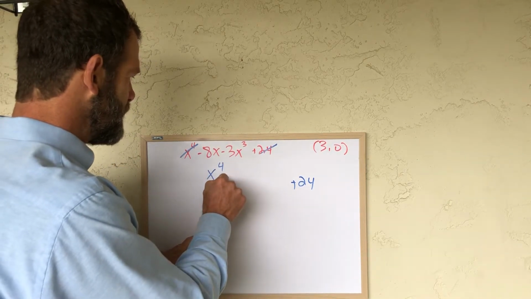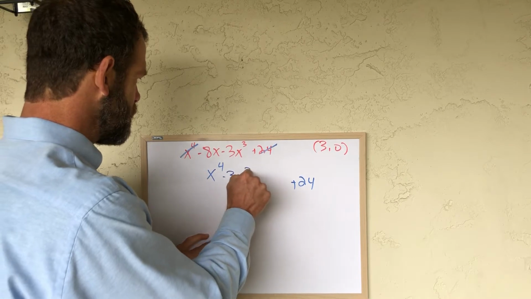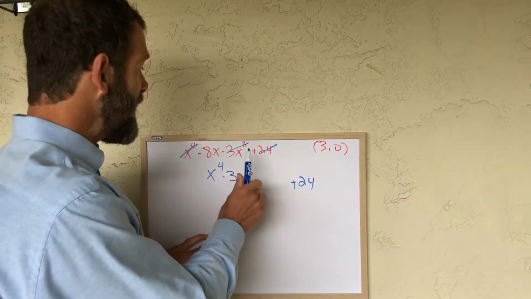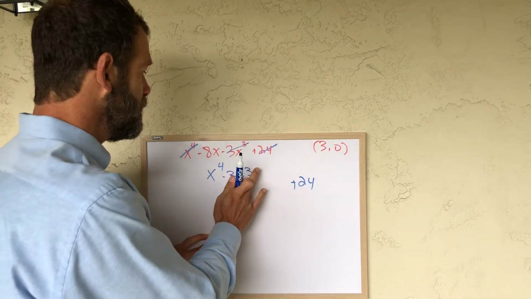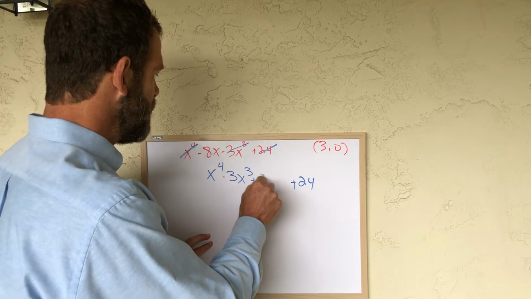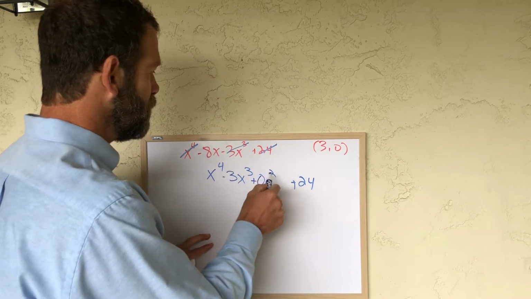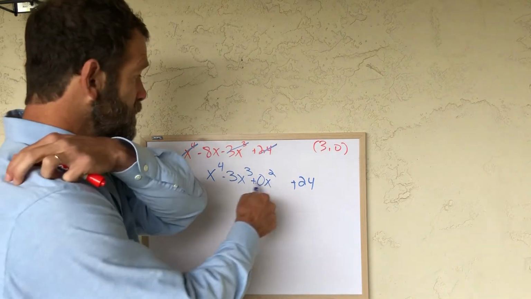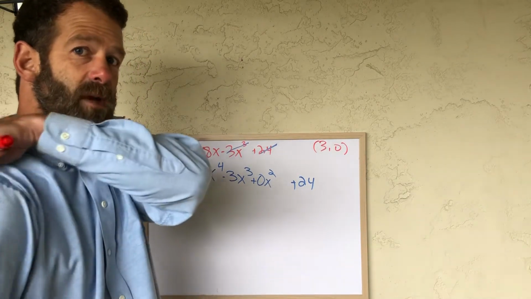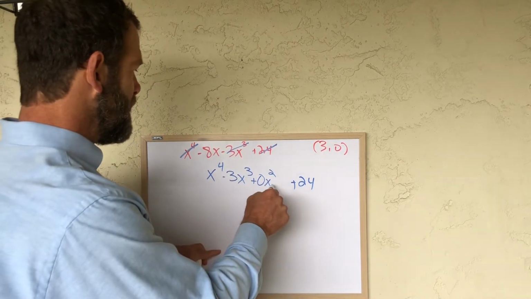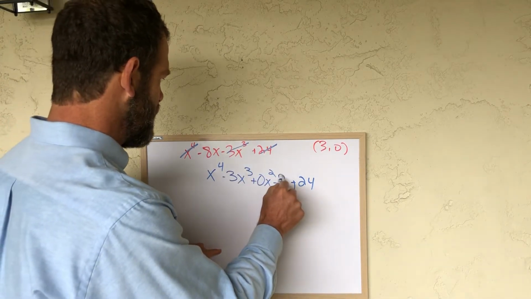My next thing is negative 3x to the third. My next thing is I don't have an x squared, but it has to decrease by 1 exponent every time. So I don't have an x squared, which is the same thing as saying plus 0x squared, because 0 times anything is just 0. But you have to list it in decreasing order, and then after this I have a negative 8x.